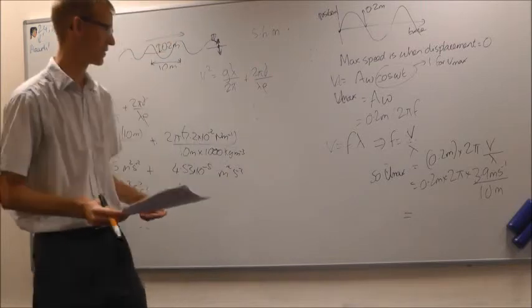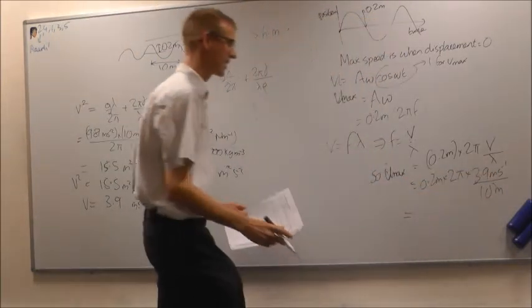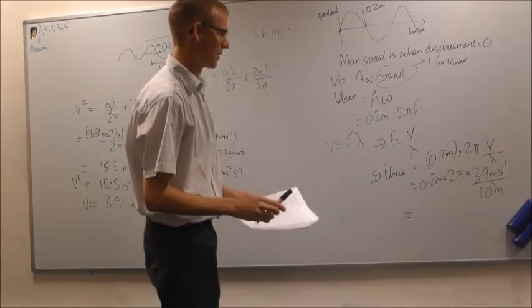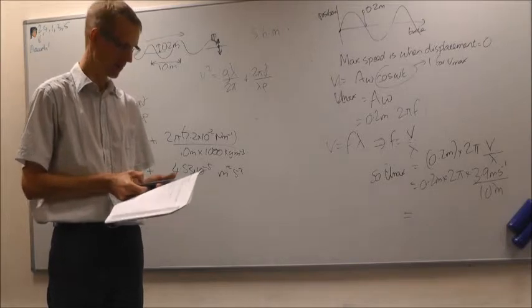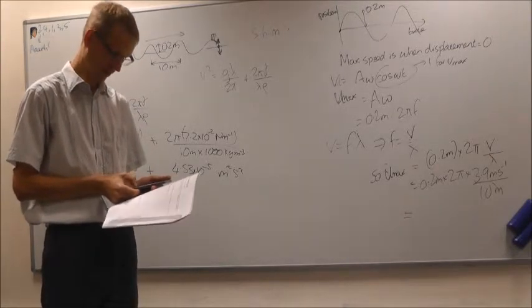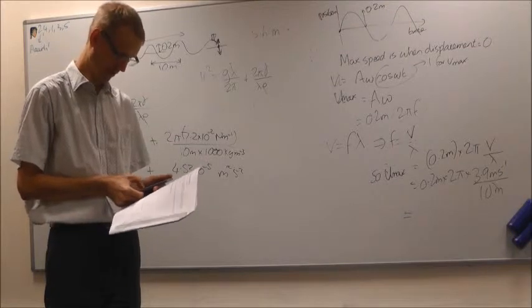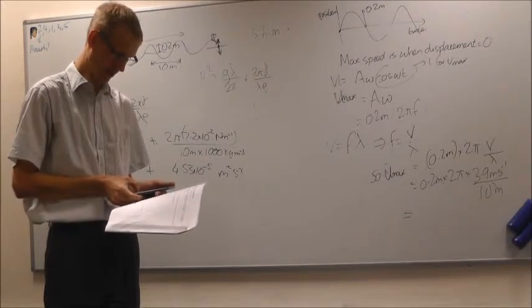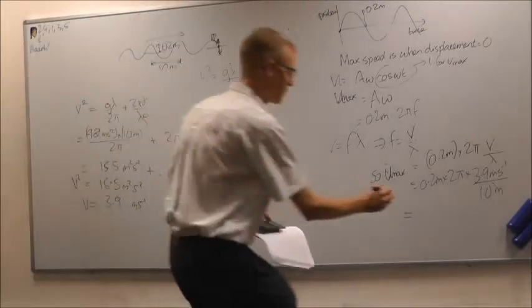Right, I'm just thinking the units don't match, but they do, because the meters cancel, and now we've got a velocity left. Well, what does that come to? 0.2 times 2 times pi times 3.9 divided by 10, which of course I can do without a calculator, 0.43 meters per second.